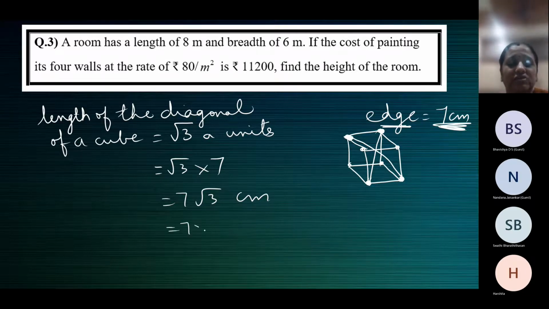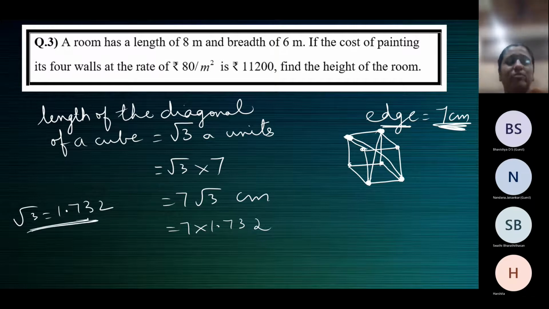The value of √3 is 1.732. This will be given to you in the question. Otherwise, you just remember this. The value of √3 is 1.732 approximately. Then multiply and give the answer. So how many centimeters?